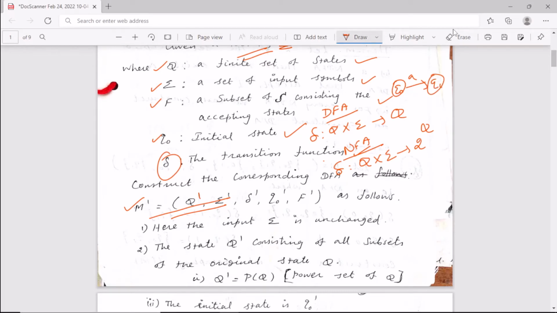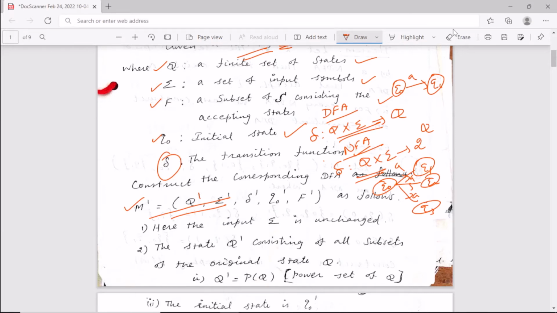But in case of NFA, in state Q naught, if you read the input symbol A, you can have so many possibilities, like either you can go to Q1 or Q2 or Q3. That is the difference between DFA and NFA. That is why we have the transition function here from Q cross sigma to 2 power Q.